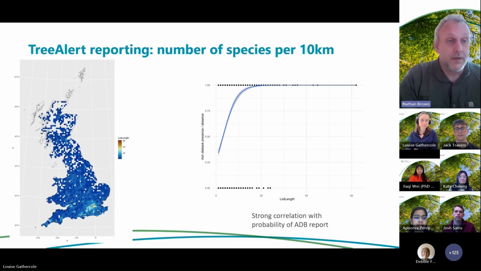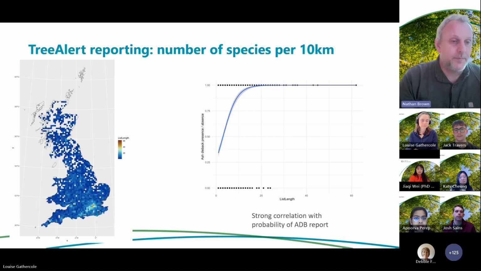So West London is particularly high in the number of species that gets reported. And if you can look very closely in Kent, there's one square which is particularly dark red, and this is Bedgebury, where I think there's lots of effort gone into finding out every kind of fungus that's occurring there.